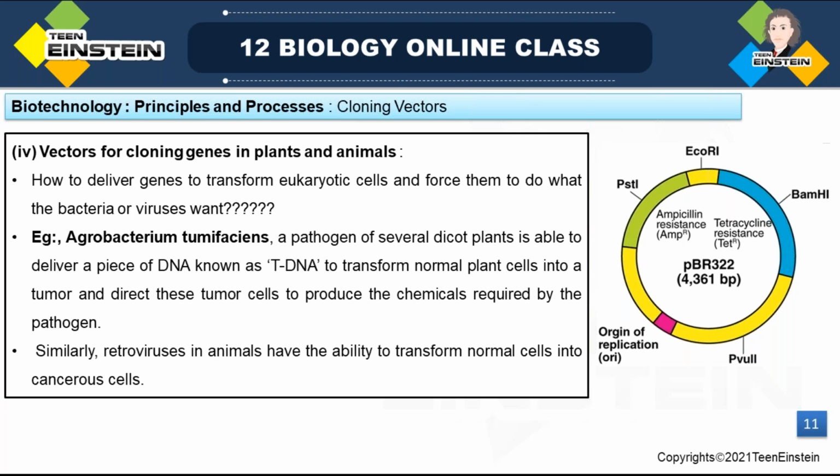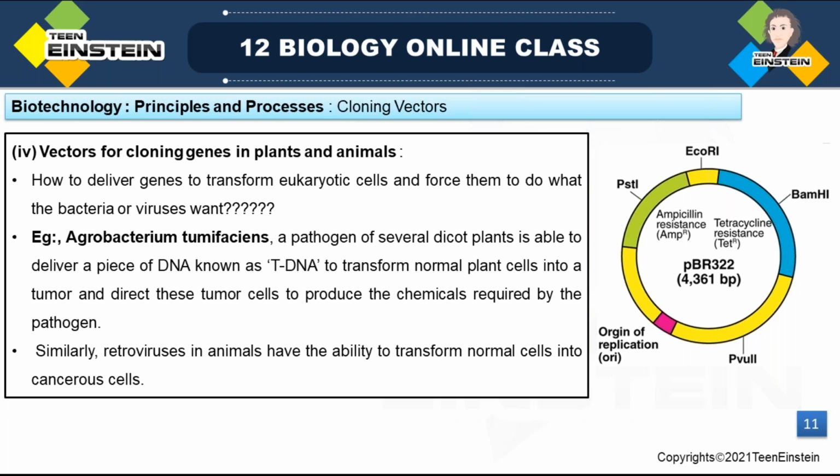It was easy, right? But in the case of a eukaryotic cell, how can we deliver a gene into a eukaryotic cell? There are several methods for delivering genes into eukaryotic cells, like Agrobacterium tumefaciens. Means how to deliver into plant cells and animal cells. Different kinds of methods are there.